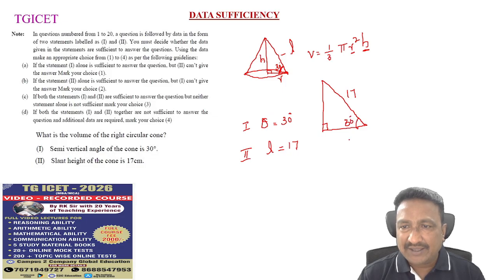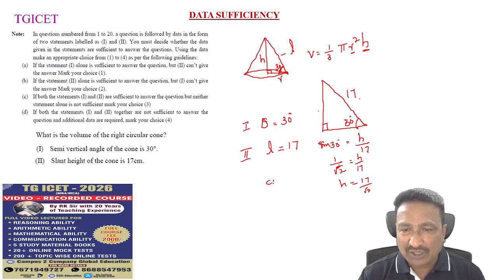So if you apply trigonometry basics in a right angle triangle, sine 30 is equal to opposite by hypotenuse, that means h by 17. We know sine 30 is 1 by 2. So 1 by 2 is equal to h by 17. From this, h is equal to 17 by 2.